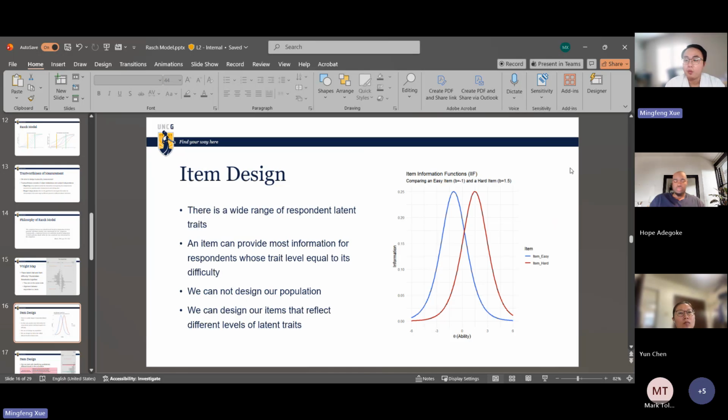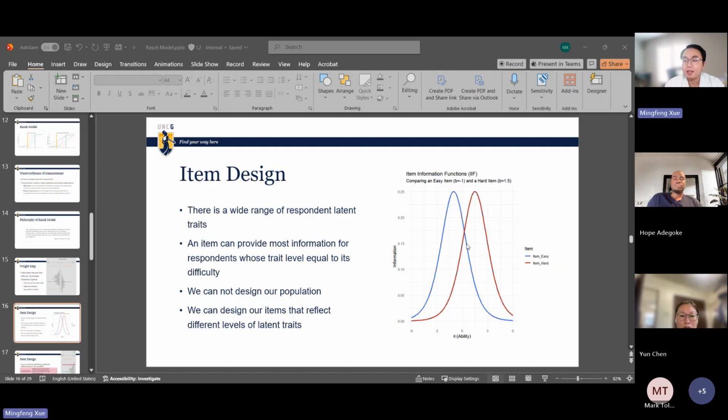For example, we have two items here, the blue item and the red item. They differ in their difficulty, as the red item is more difficult than the blue item. And this is the information curve. It's based on the Rasch model, and you can see the peak of the information is achieved when the respondent's latent trait is equal to the difficulty.